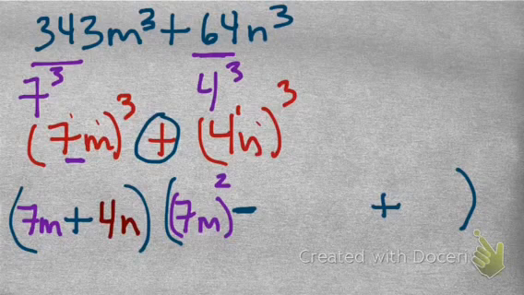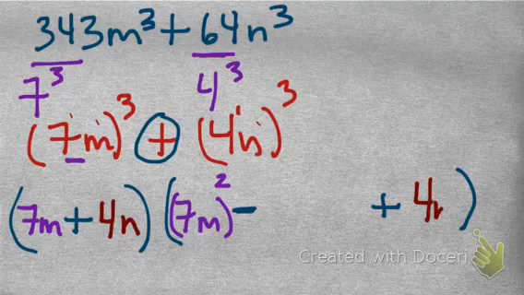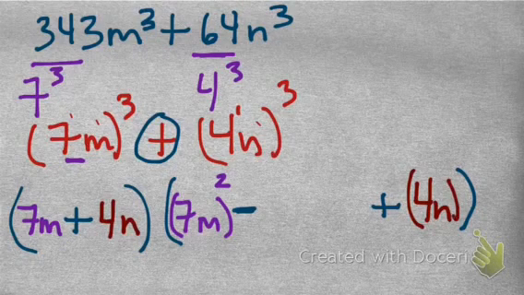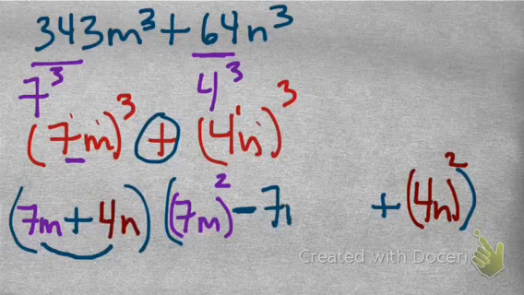And I do the same thing with the 4n. It goes in the last area of the trinomial, and I square it as well. And then to find the middle, I multiply my 7m and my 4n, whatever two terms are in the binomial get multiplied together. So I've got 7m times 4n goes in there.